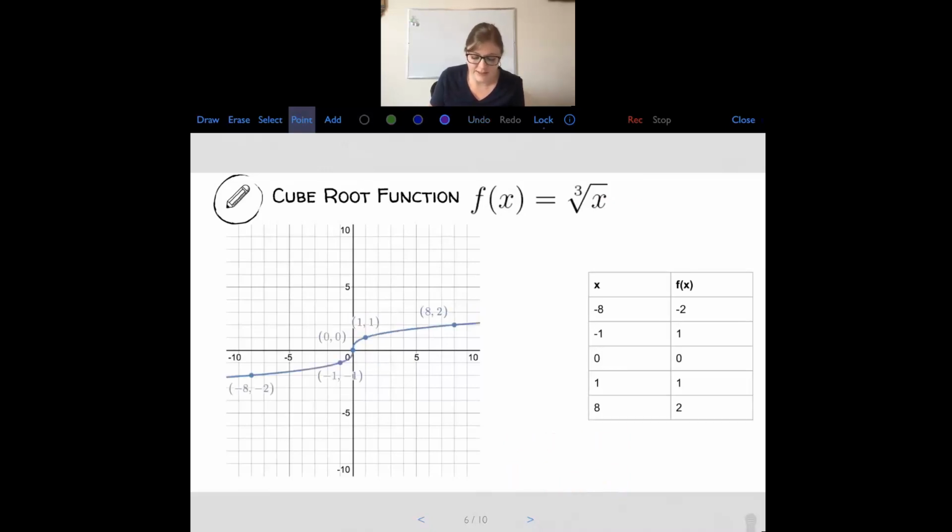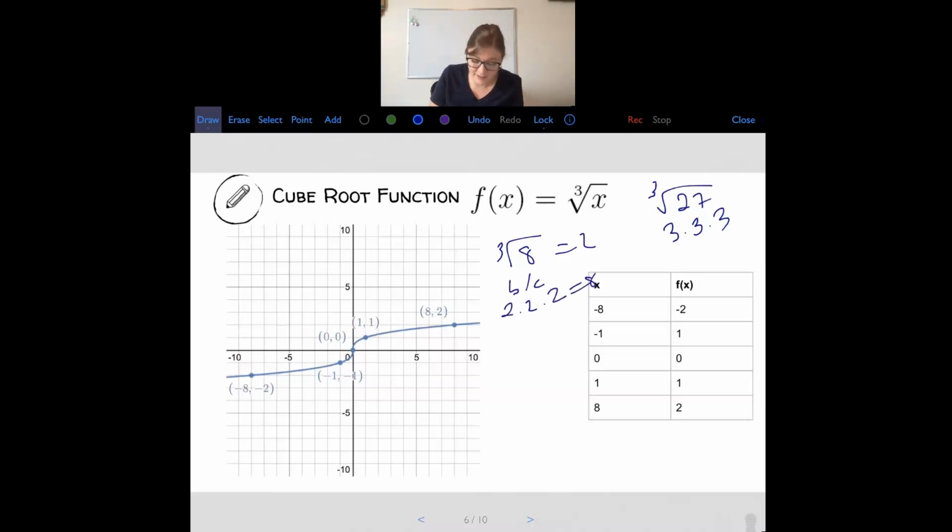The next function is the cube root function. So this is the cube root of x. When we take the cube root of a number, let's say the cube root of 27, we're looking for a number that multiplies by itself 3 times to get this number. So this would be 3 times 3 times 3. Or for instance, if we plug in 8, the cube root of 8 is 2, and that's because 2 times 2 times 2 is 8.